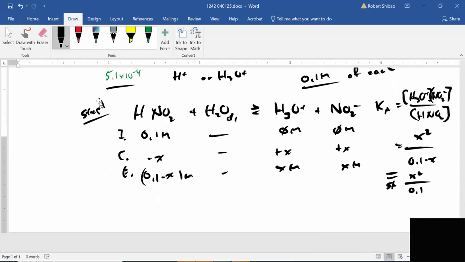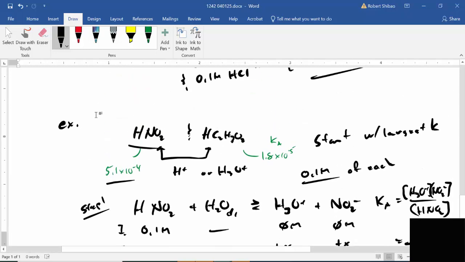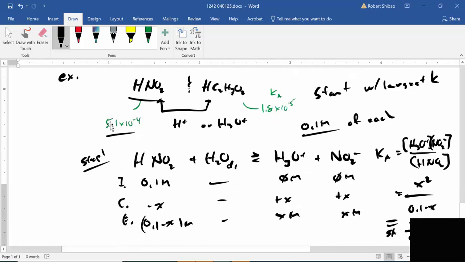And then X is going to equal the square root of 5.1 times 10 to the minus 4 times 0.1. Let me just calculate that. So I have 5.1 times 10 to the minus 5, and then we'll take the square root of that.